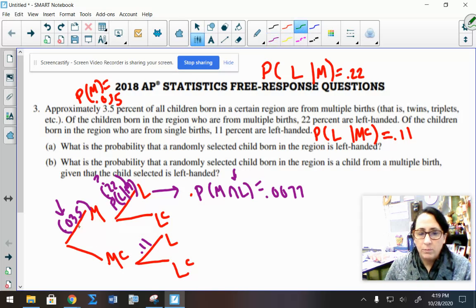So this is 0.965, this would be 0.89, 0.78, and then we can multiply through to get the rest of those as well. Go ahead and finish out that tree diagram.